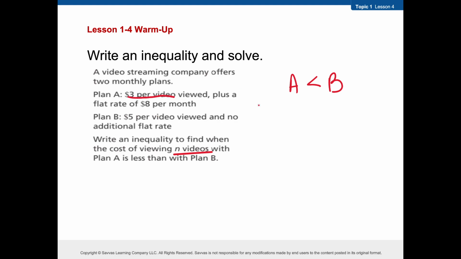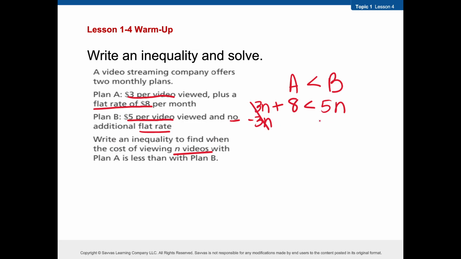Plan A, $3 per video, 3N, plus a flat rate of $8. When is that less than Plan B, that's $5 per video and no flat rate. So it's just less than 5N.